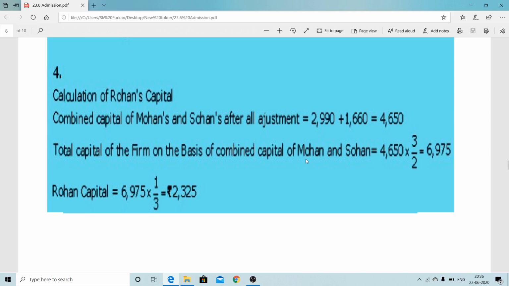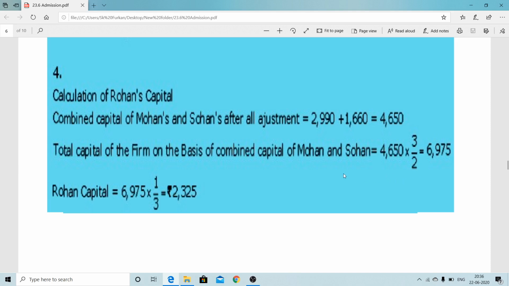So we can use the unitary method to calculate the new partner's capital. If the new partner gets 1/3, then 1 minus 1/3 is 2/3. So 2/3 share represents this amount. So what will 1 represent? Now 4,650 into 3/2, the reciprocal. So that is coming, total firm's capital 6,975 for 1.